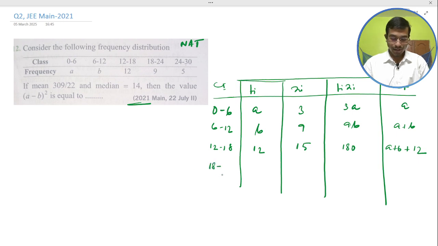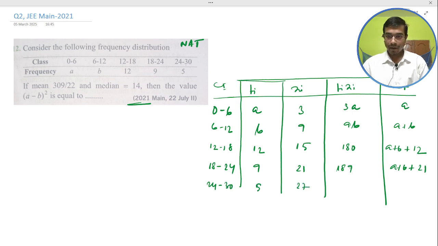Next, 18 to 24, frequency 9, midpoint 21, multiplying gives 189, CF A plus B plus 21. And the last one, 24 to 30, frequency 5, midpoint 27, gives 135, CF A plus B plus 26.